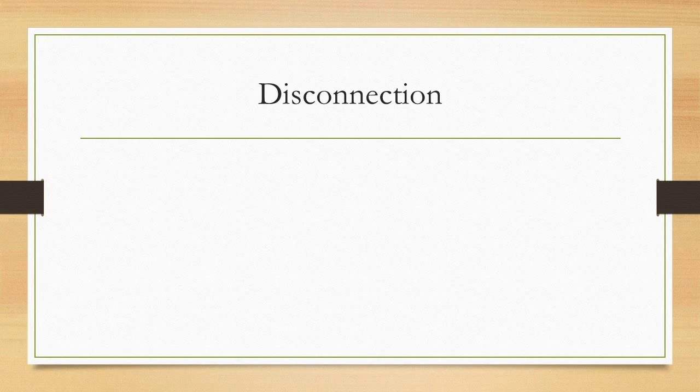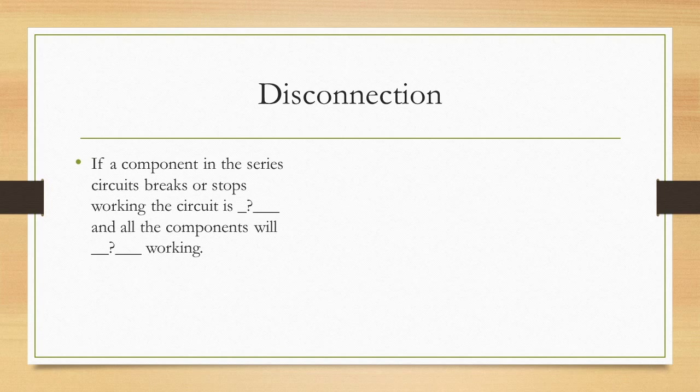So now we'll talk about disconnection. If a component in the series circuit breaks or stops working, the circuit is blank, and all the components will blank working. So is the answer A, the circuit is broken and all the components will stop working? Or is it B, the circuit is perfect and all the components will continue working?